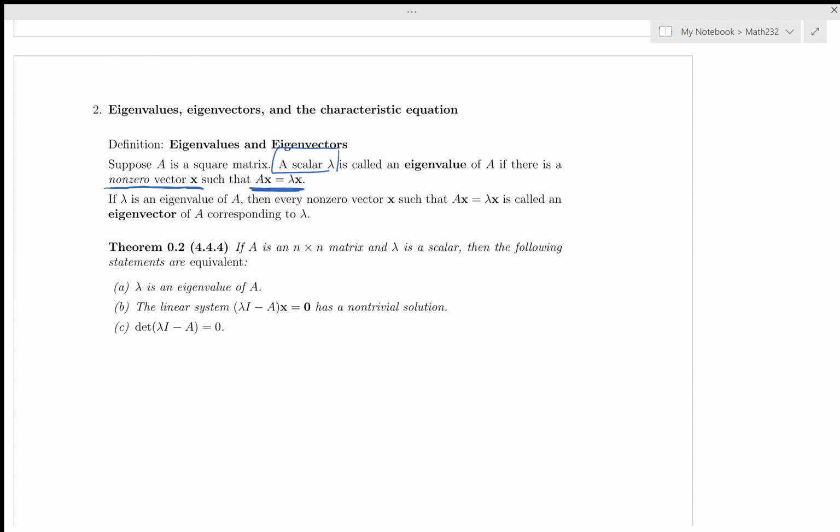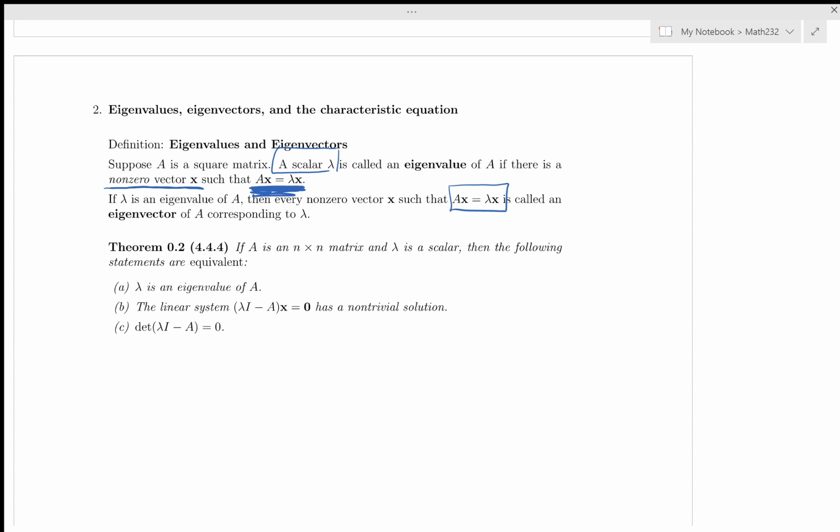So we look for the values of lambda such that we can make this statement true for some non-zero values of x. If we find one of those values of lambda, we call that an eigenvalue. And then all the vectors that make this statement true for that value of lambda are called the eigenvectors of A corresponding to that particular eigenvalue lambda.